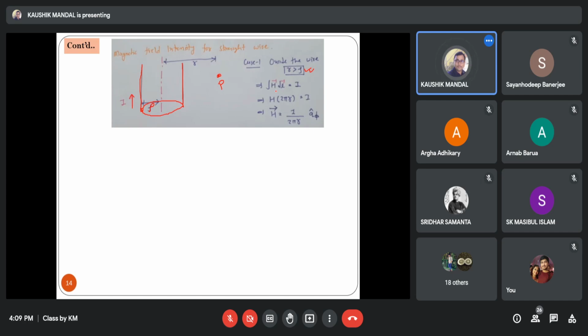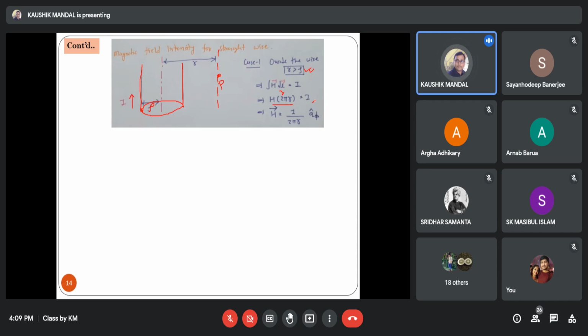So as per the Ampere circuit law, H dot dl equals I. Now, what will be the dl? That is the total length, considering this point, that is nothing but 2 pi r. So it will be H into 2 pi r equal to I.